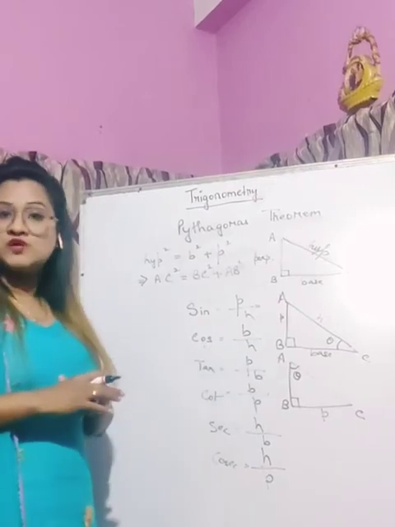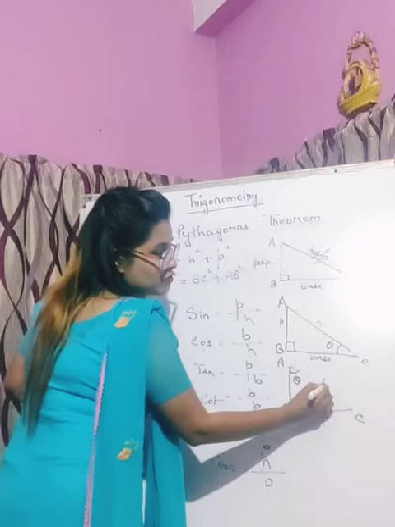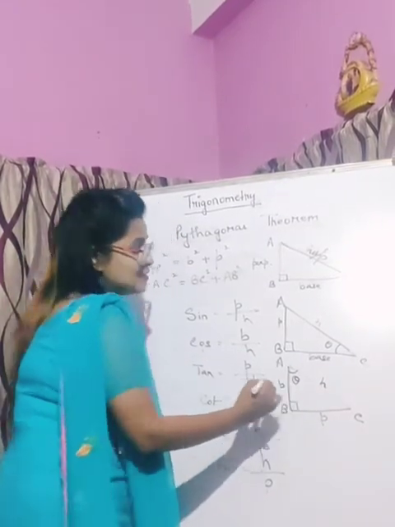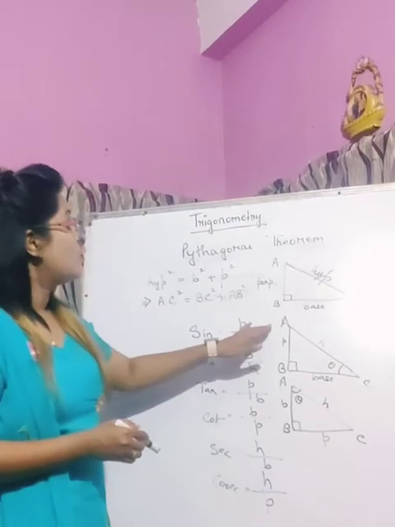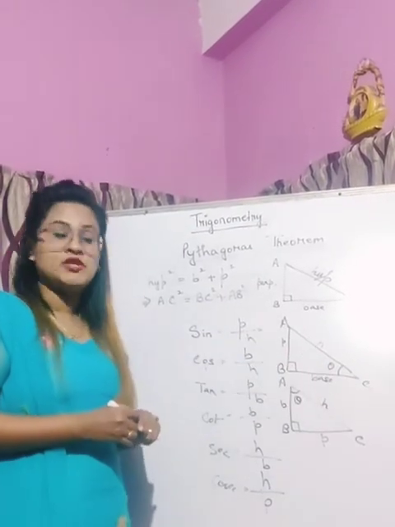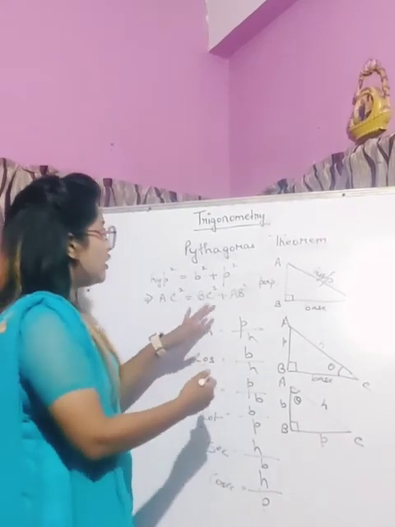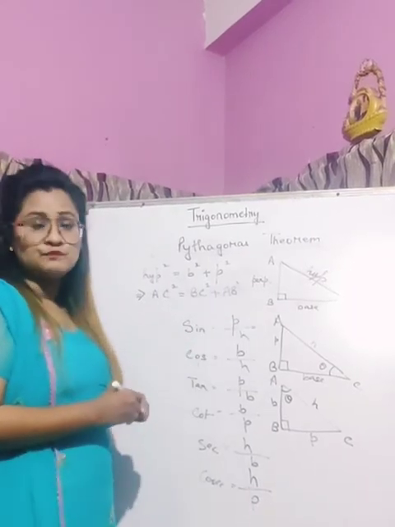What is left out are the base and hypotenuse. The longest side is always the hypotenuse, and we are left with one side, that is the base. So just see the difference between both diagrams. Whenever the theta angle changes, the base and perpendicular also change, and accordingly we have to put them here.